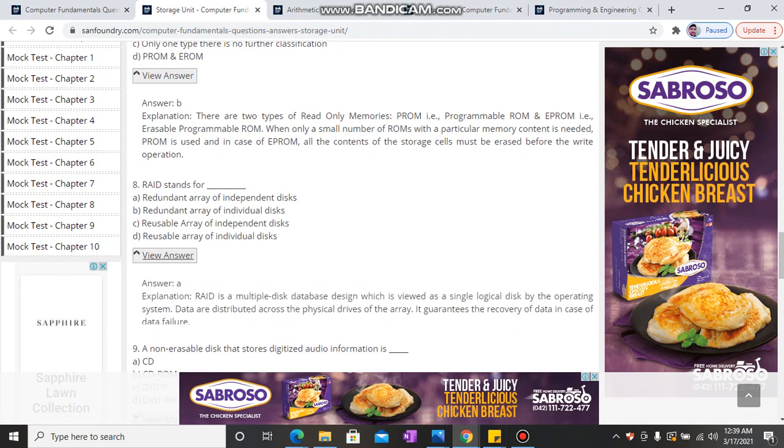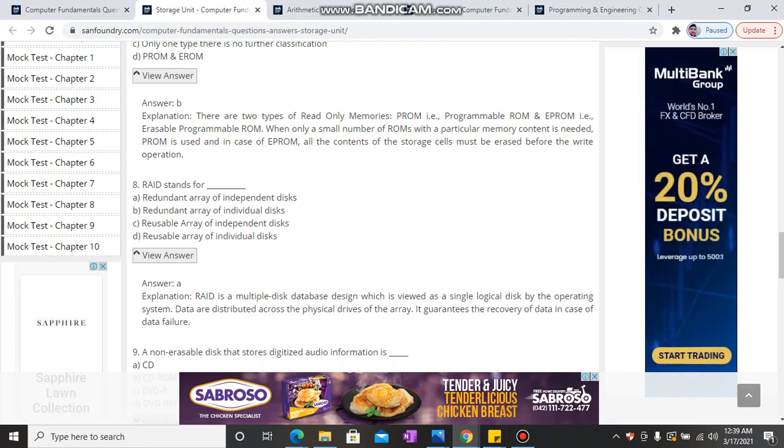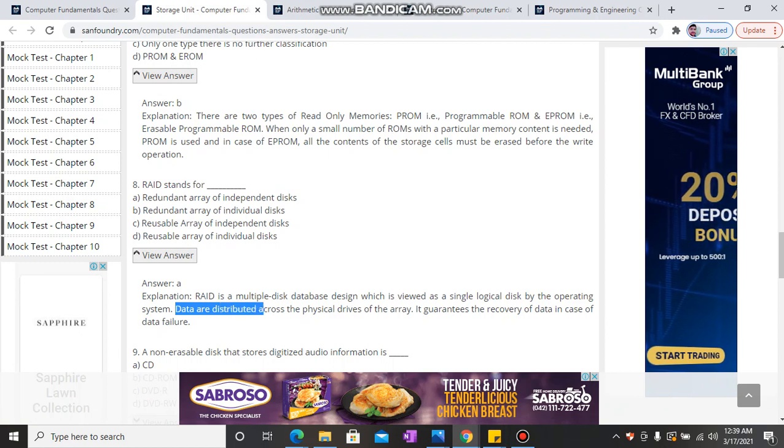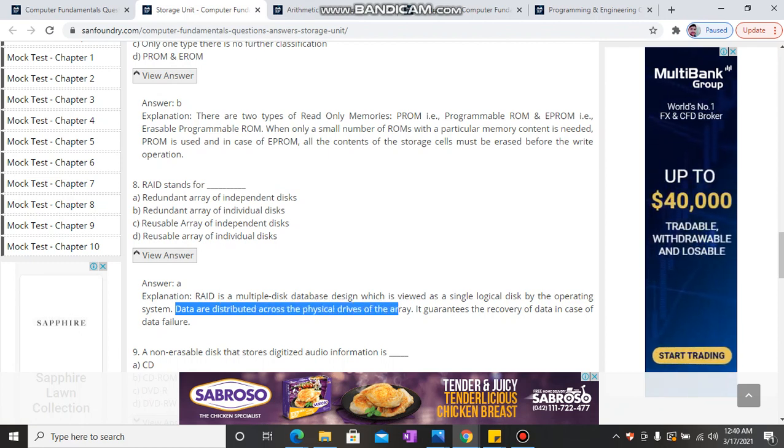RAID, it's very interesting. RAID stands for redundant array of independent disks. We have got the answer. RAID is a multiple disk database design which is viewed as a single logical disk by the operating system. Data are distributed across the physical drives of the array.